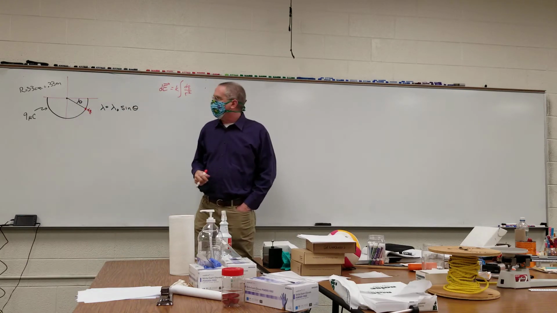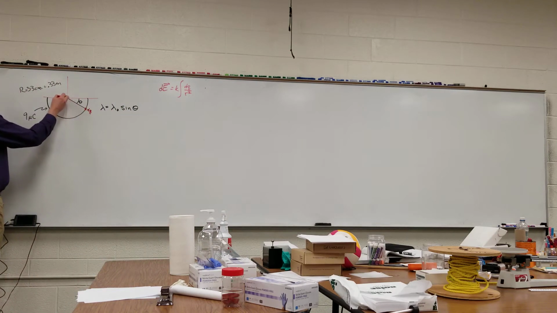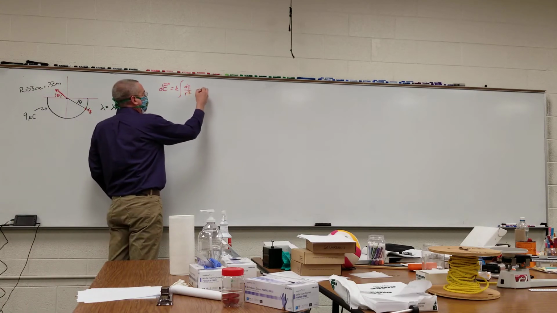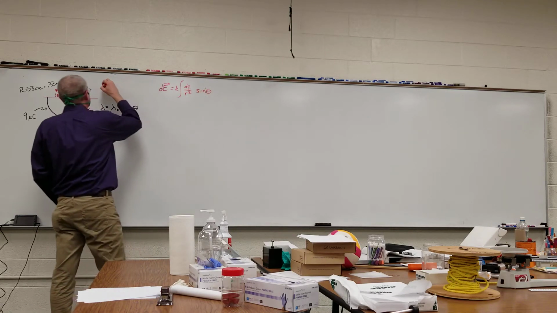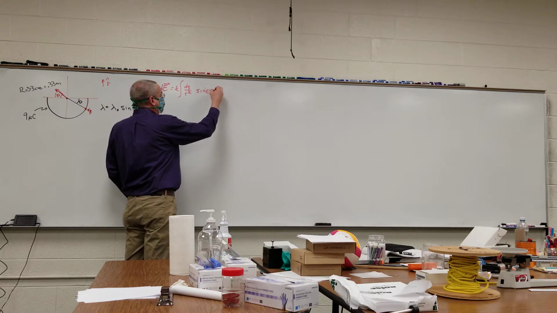And then we have the directional piece: my electric field is pointing in that direction with that angle theta, but we only care about the vertical component. Sine theta, and let's go ahead and go with the typical j hat.